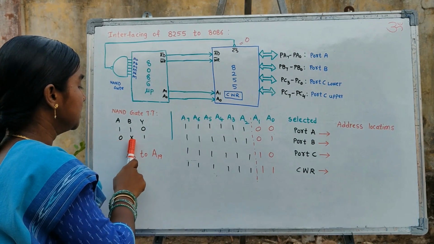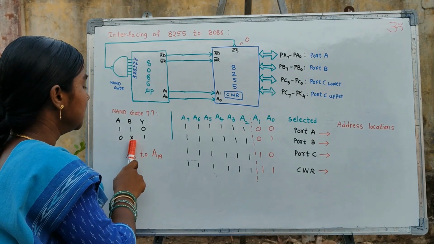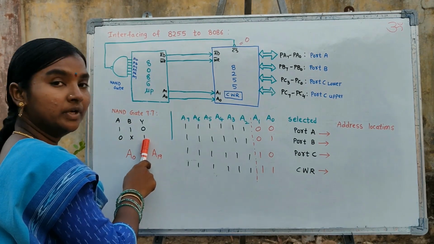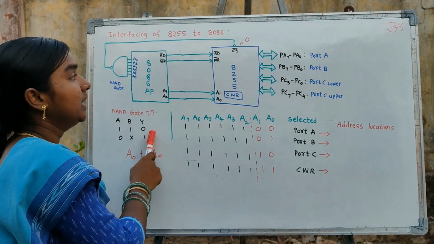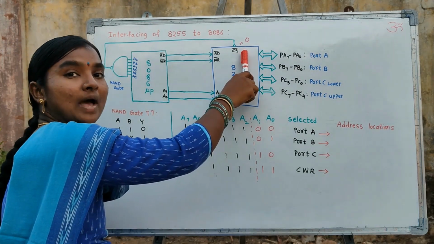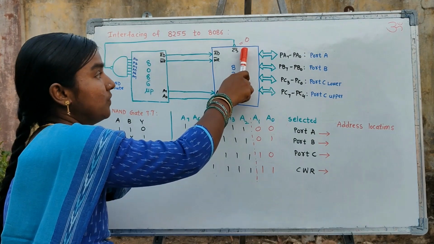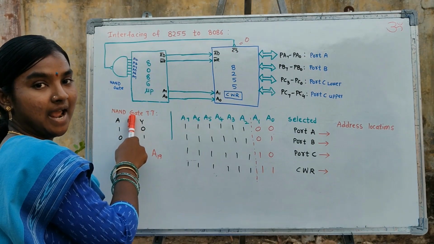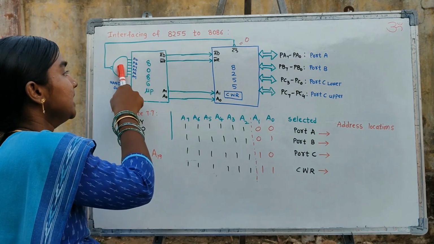With 0 and don't care, we may consider 01, 10, or 00. In this combination the output is definitely 1, but we require a chip select signal value equal to 0. So for that, the suitable gate is the NAND gate. So here I considered a NAND gate.